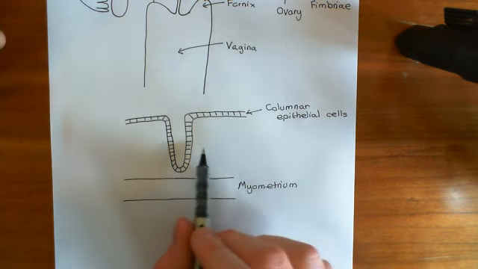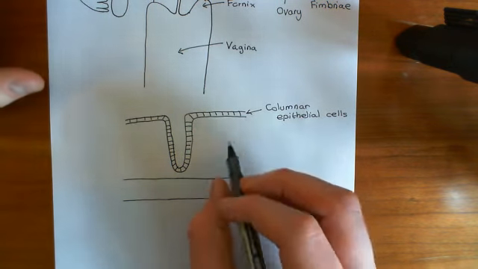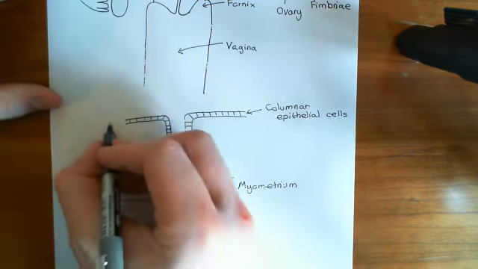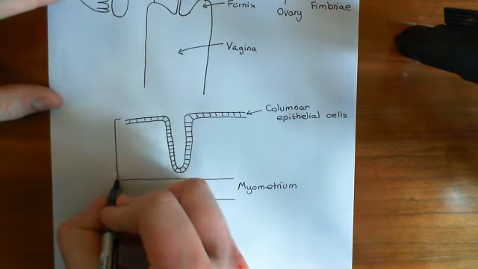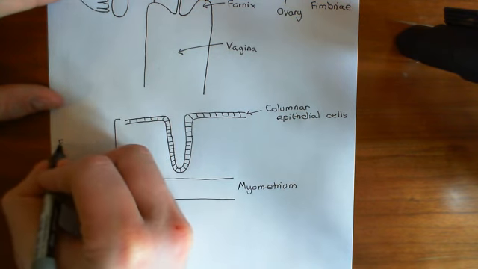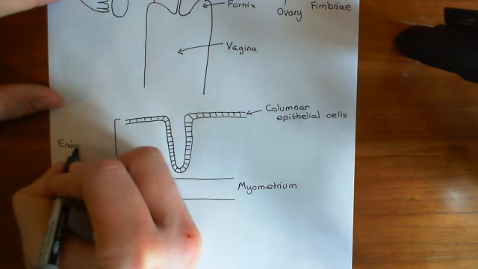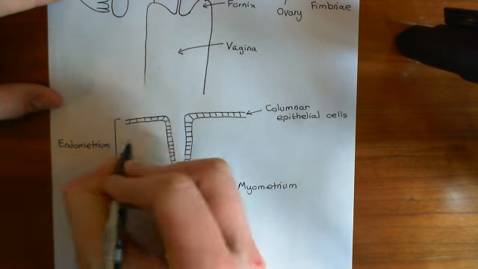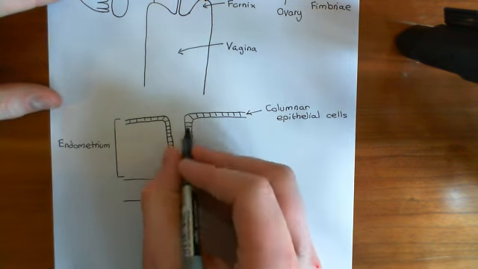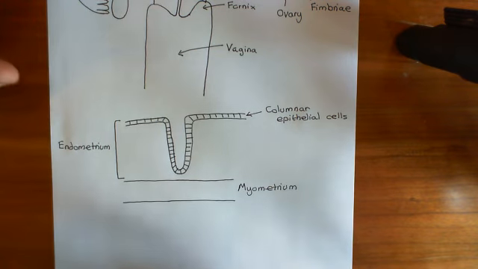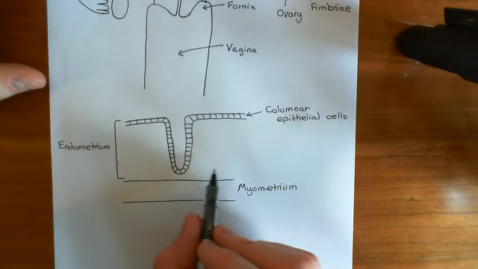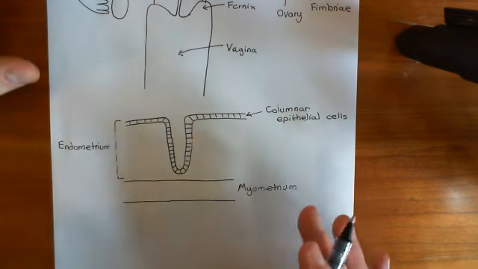And then underneath this is then called the stroma. So this is the epithelial layer of the endometrium, and I should just stress that all of this is going to be the endometrium. Okay, but you can divide it up into two main bits. You can divide it into the epithelial bit up here, which is made up of this monolayer of columnar epithelial cells, and then this stroma bit, which is all of this, which is mainly made up of connective tissue.